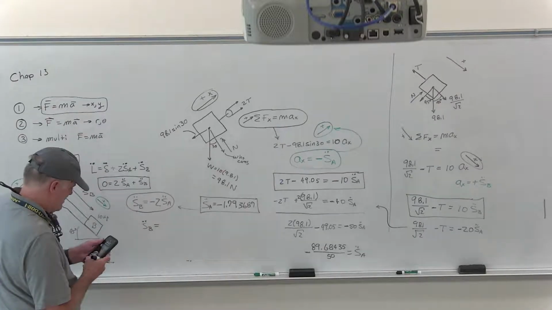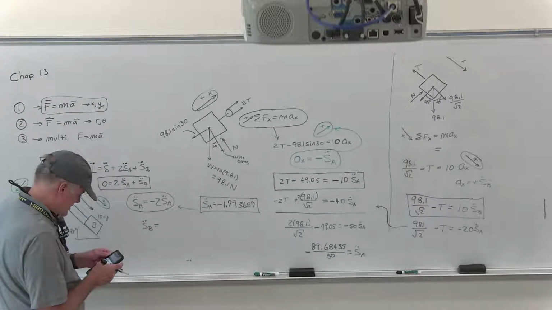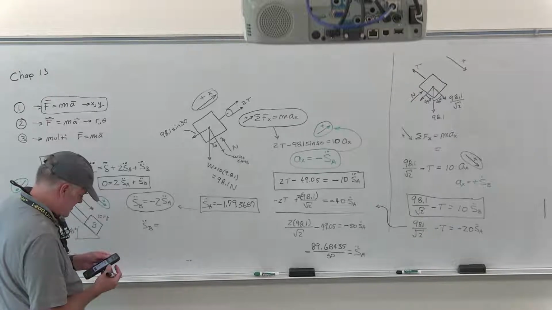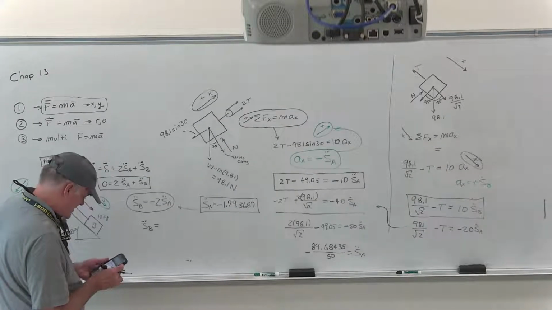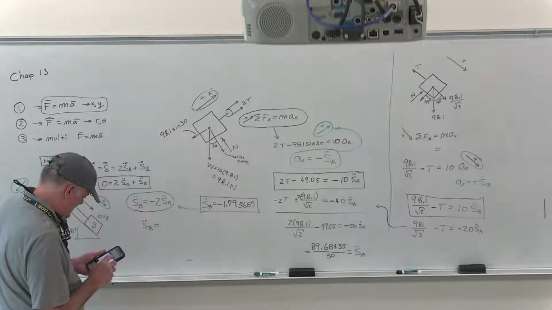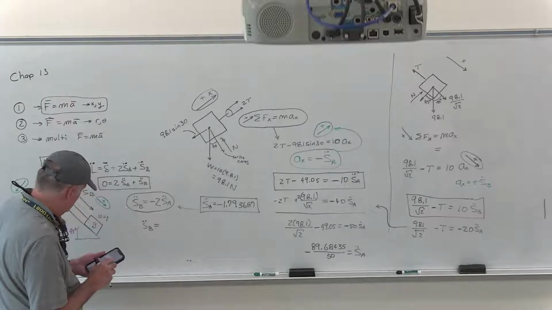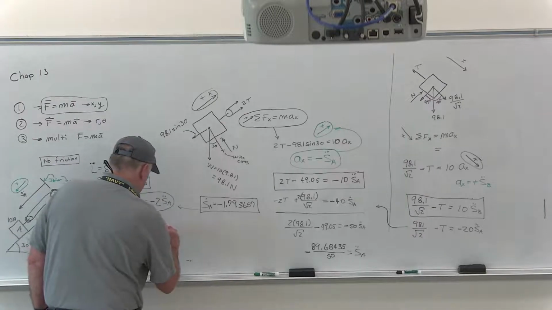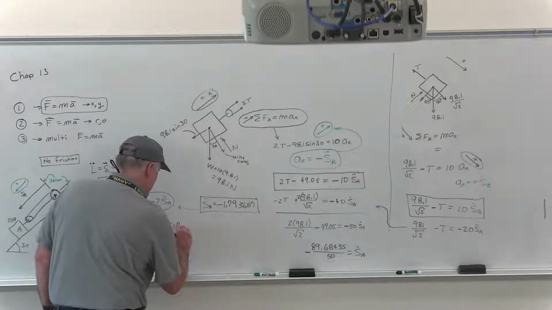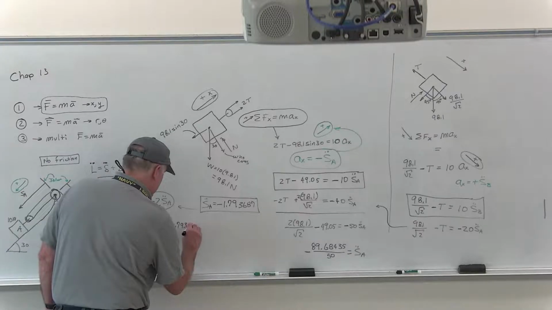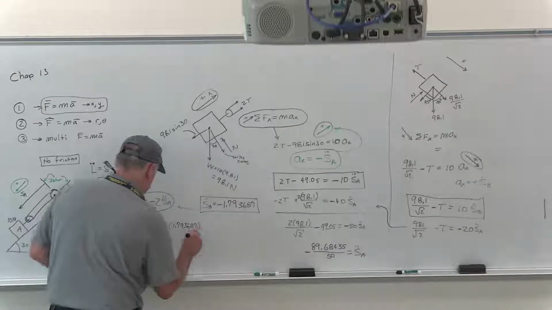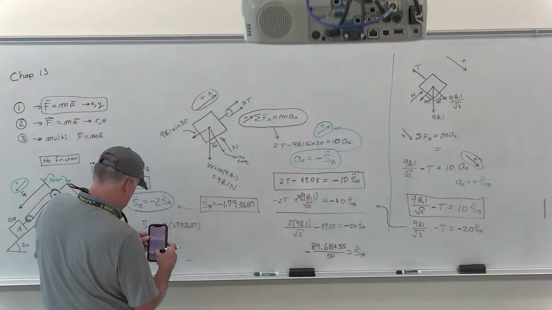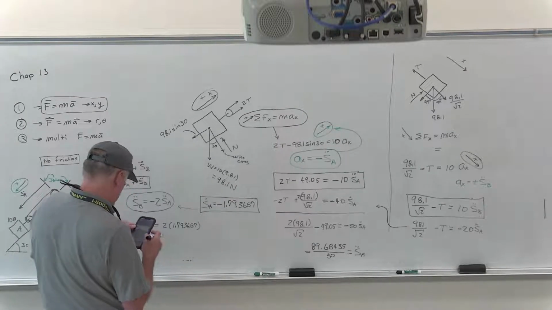SB double dot is equal to 2 times that, which is, well, should I put that in there? Here, I'll read 2, 1.793687. I don't want to enter it, so I'm just going to do that, and it'll hopefully read it.